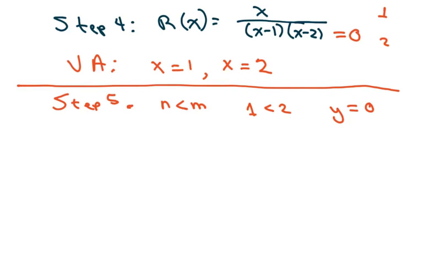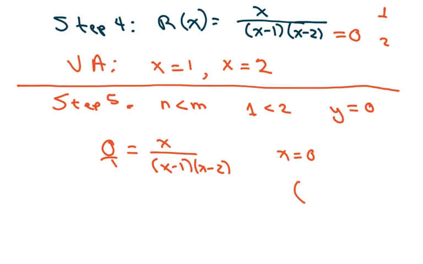Now, to see if it intersects the horizontal asymptote, we set our equation to 0. And basically, we just get x equals 0 when you cross multiply. So it does intersect, and you plug the 0 back in just like we did before. So it intersects at (0, 0), which is the intercept, basically.